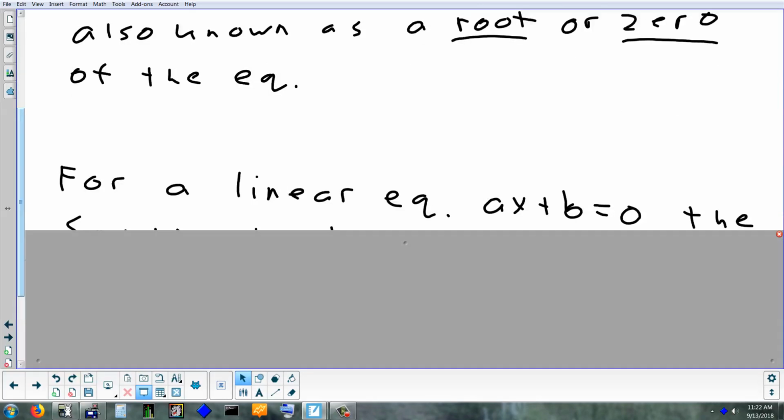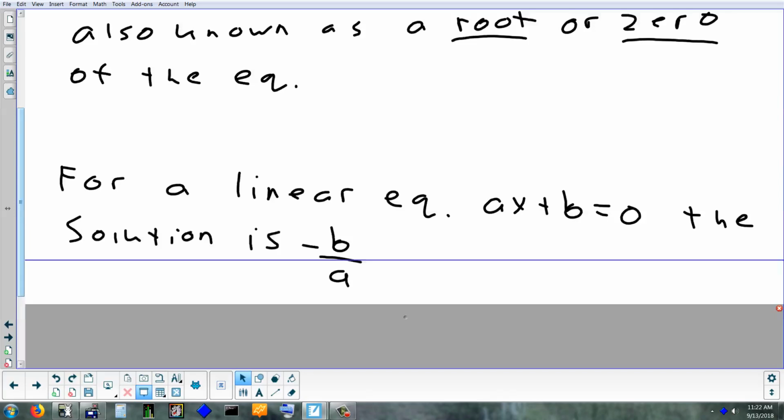That's different. But a line that's not horizontal, that can be written in the form ax plus b, like mx plus b, same thing, will only cross once, and here's the solution. It's negative b over a. It's basically just taking the constant, moving it to the other side, and then dividing by the number in front of x.